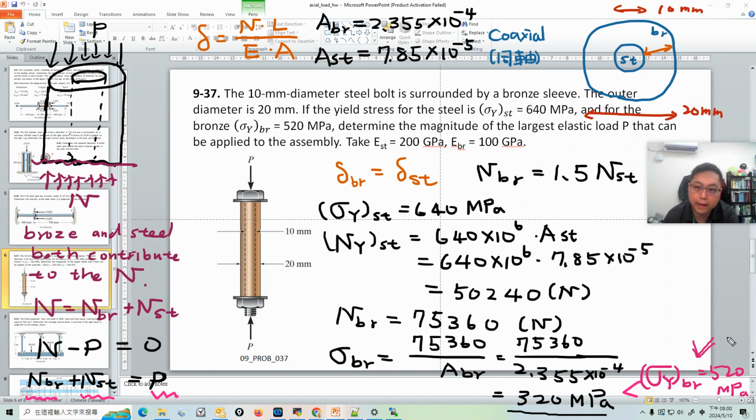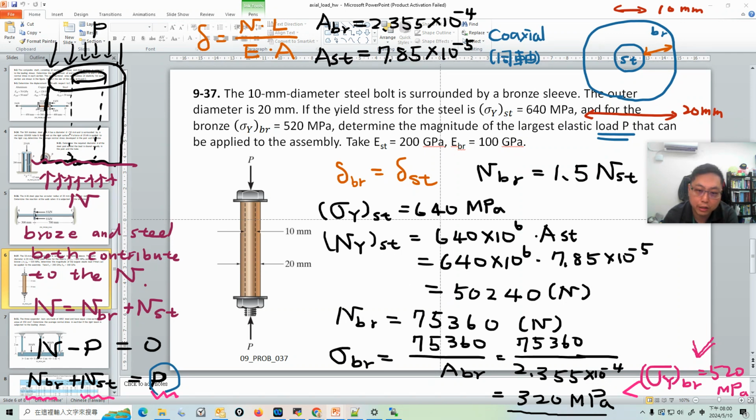Don't forget our purpose in this problem. We want to find the elastic loading, P. So P is the normal force on the bronze part plus the normal force on the steel part.